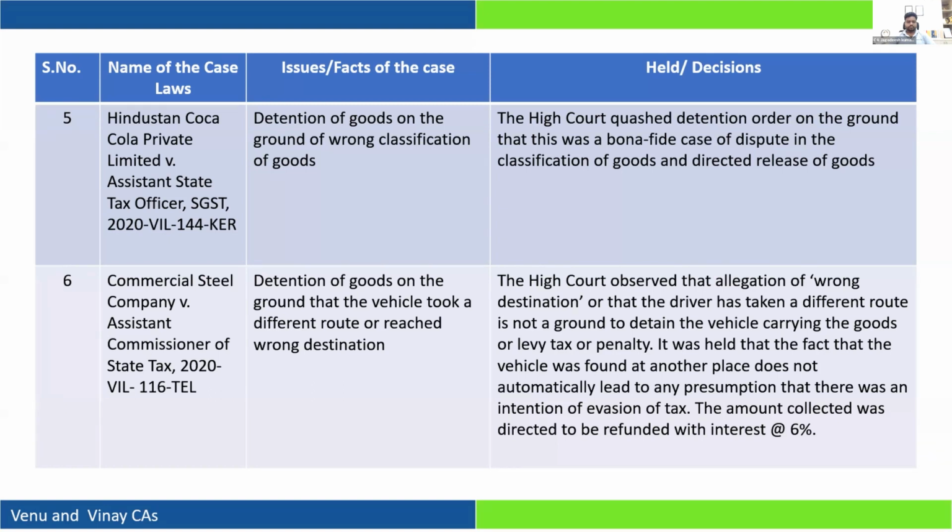Goods should be released. In the case of Commercial Steel Company versus Assistant Commissioner of State Tax, this is a case of Telangana. The vehicle took a different route. Don't ask me the reason. Now, the e-way bill was valid. The goods, everything mentioned is valid. And now, instead of going, say, via Gachibowli, they are going from a different route.